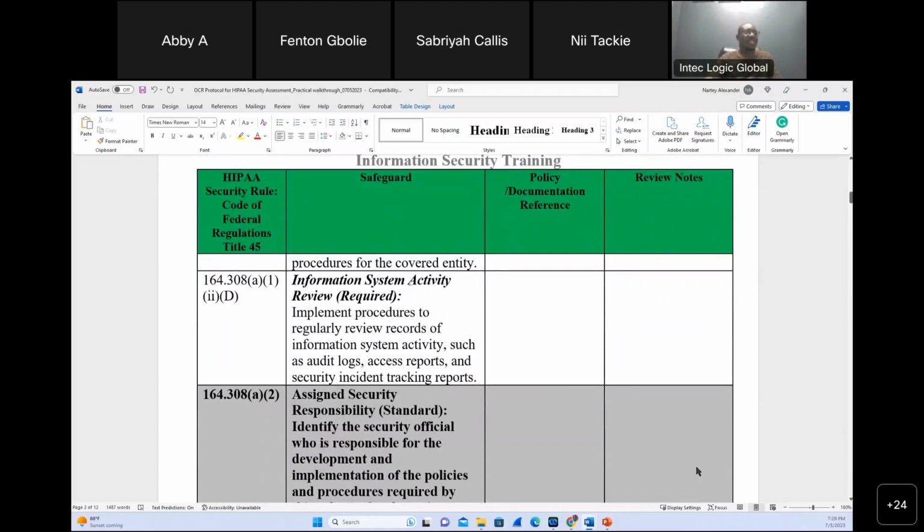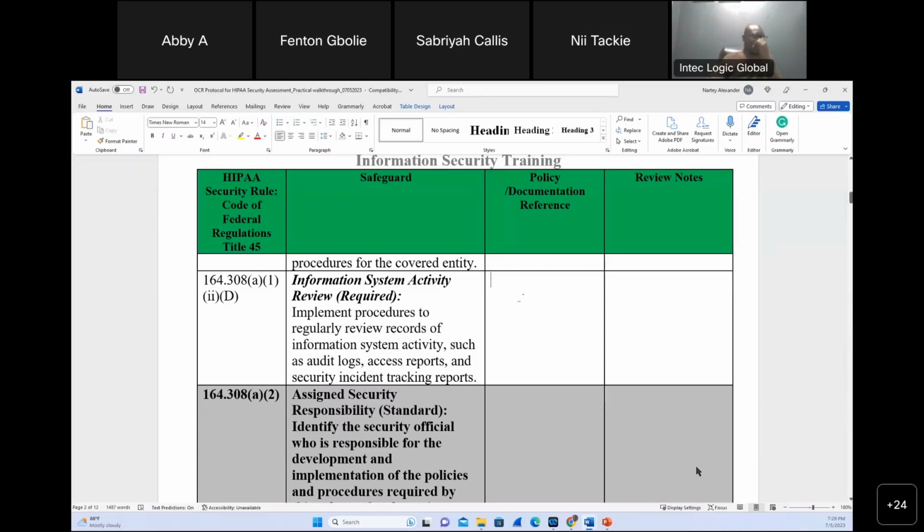Okay. Information system activity review. Implement procedures to regularly review records of information system activity, such as activity logs, access reports, and security incident tracking reports, right? So what do you want to see?